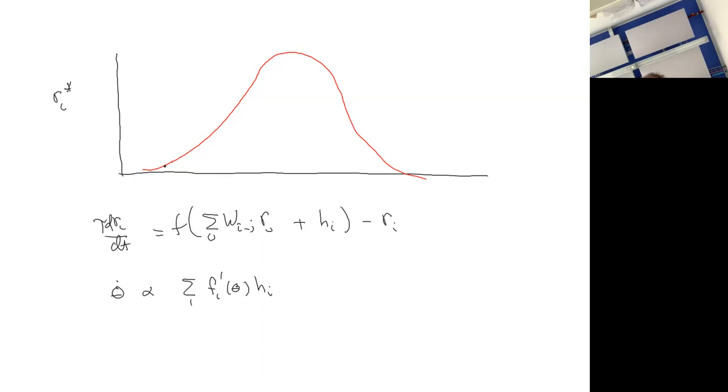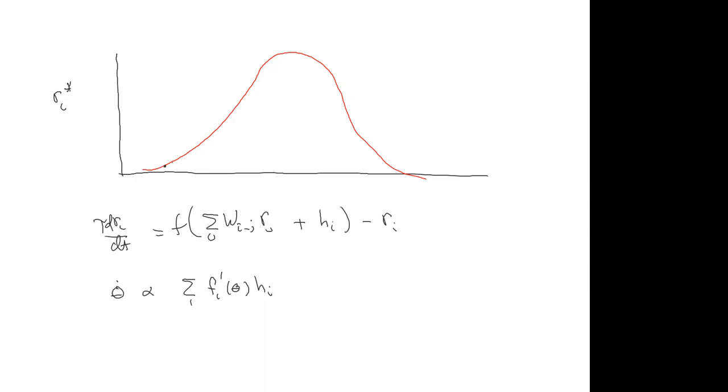Suppose we take a couple of examples. One is, what if h i equals a constant? What does that do?